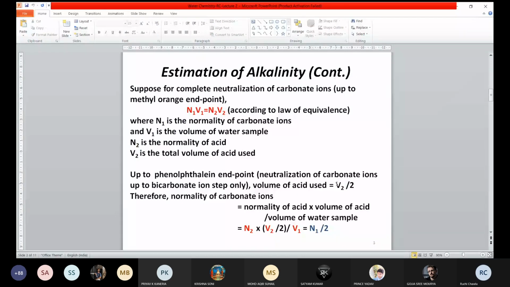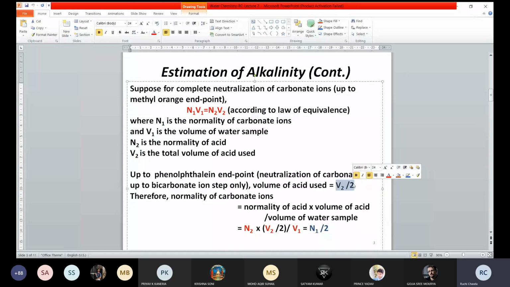Now, what is our objective? We want to find out the concentration of carbonate ions up to phenolphthalein endpoint, so that it can be placed in the first equation. So how can we find out the normality of carbonate ions up to phenolphthalein endpoint? Again, apply the law of chemical equivalence, and this normality of carbonate ions can be given by normality of acid into volume of acid upon volume of water sample.